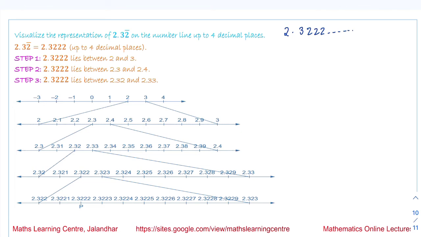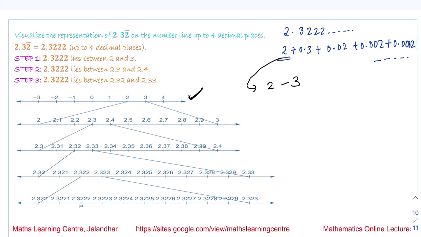So it is 2 plus 0.3 plus 0.02 plus 0.002 plus 0.0002 and so on. So from the first one, what we get is this number lies between 2 and 3. This is represented in this first part.